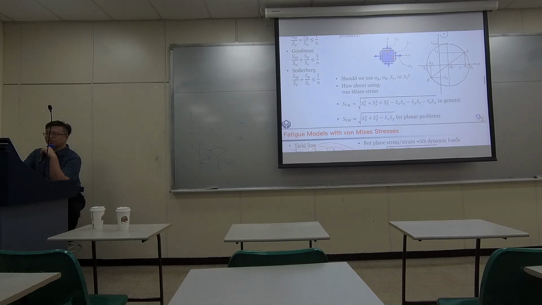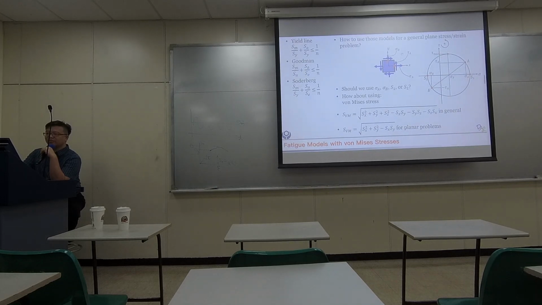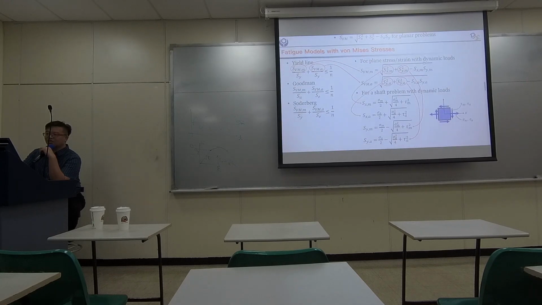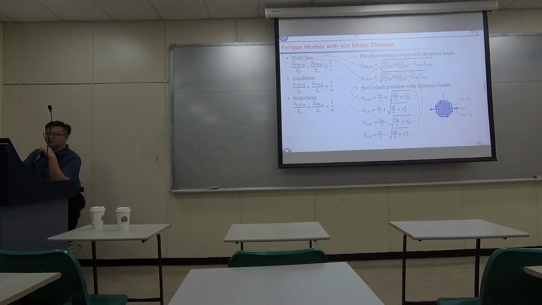You use the expression of sigma A, sigma B, and tau A. Okay, so these are how you can compute the mean of sigma, the first principal stress, and the amplitude of the first principal stress, mean of the second one, and amplitude of the second one.